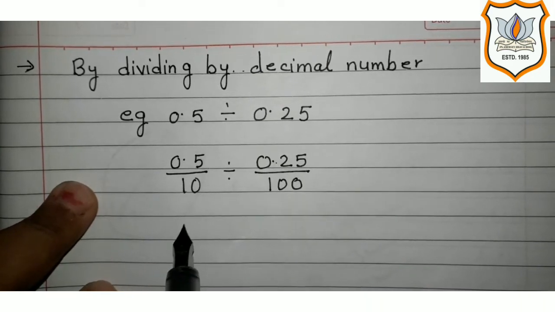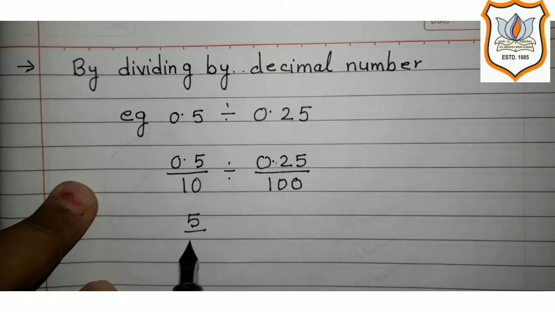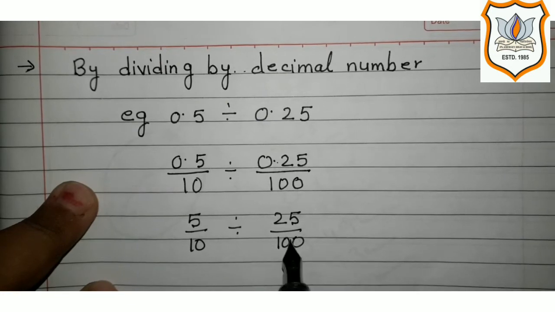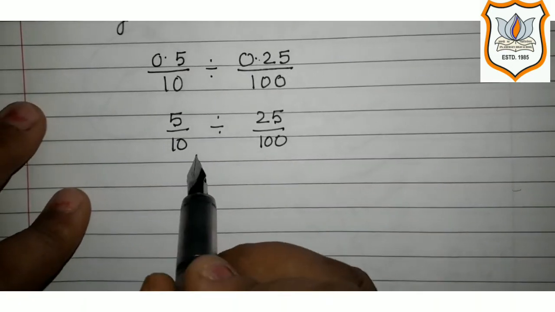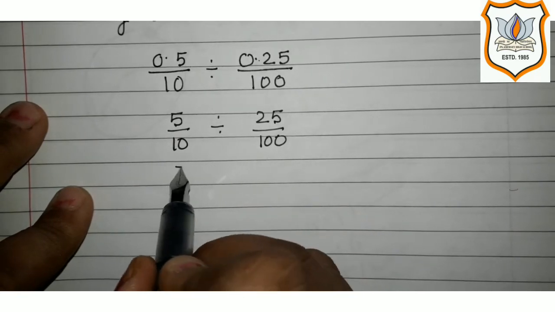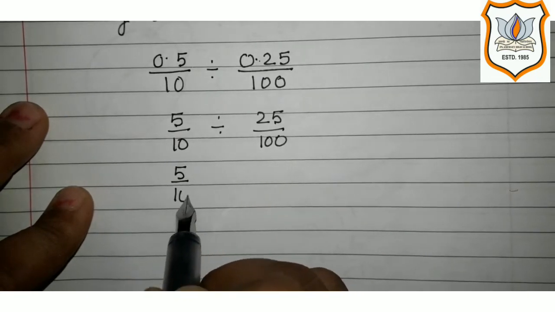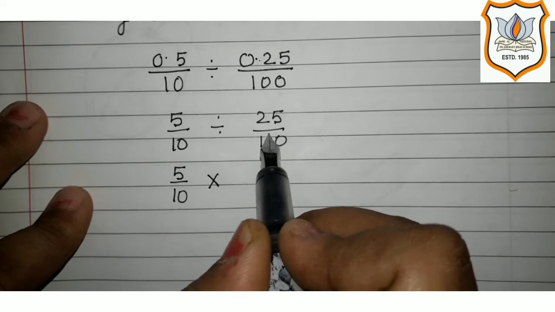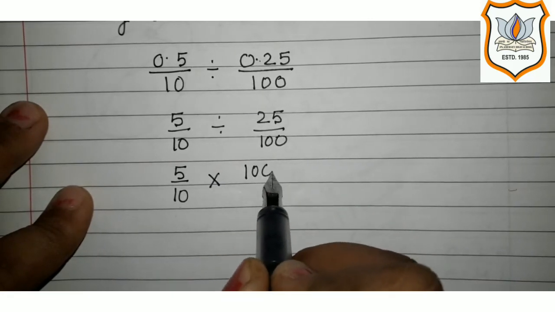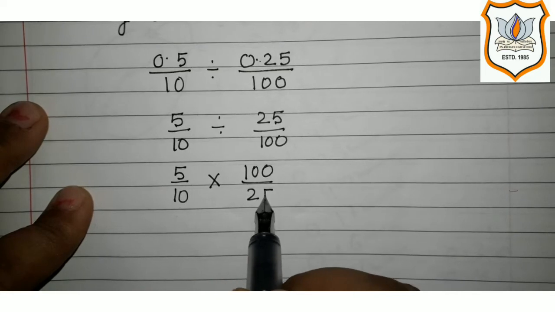Now this will become 5 upon 10 divided by 25 upon 100. Now this division sign will be converted into a multiplication sign. 5 upon 10 multiplied by the reciprocal of 25 upon 100, that is 100 upon 25.